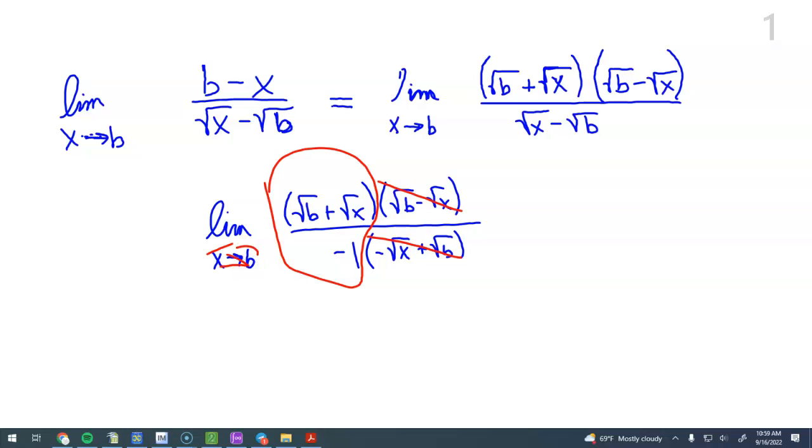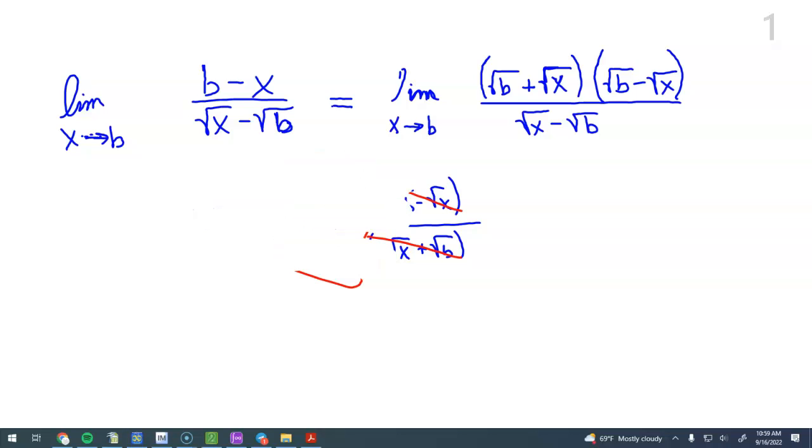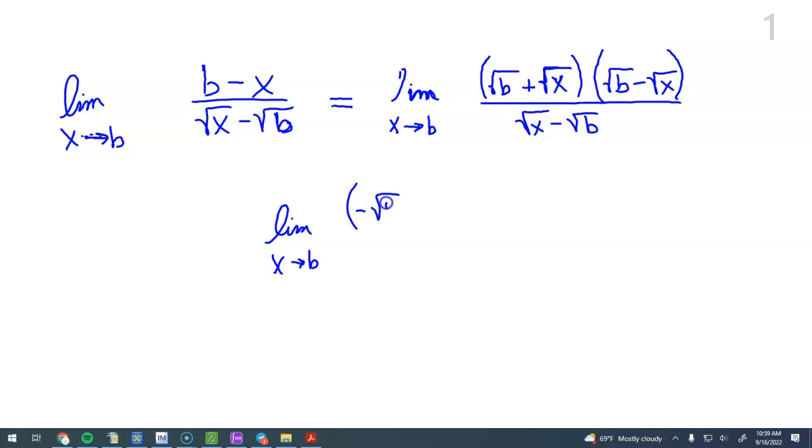So when you take the square roots, what are the square roots of 9? 3 and negative 3. So what are the square roots of b? Well, root b and negative root b, right? So I think this is what you're saying: instead of writing root b and root b, I'll write negative root b and negative root b.